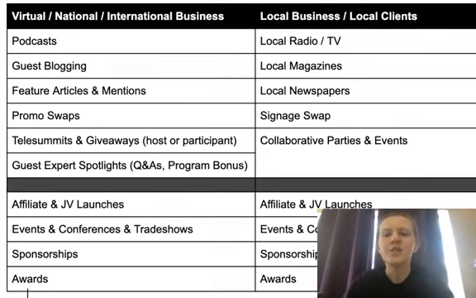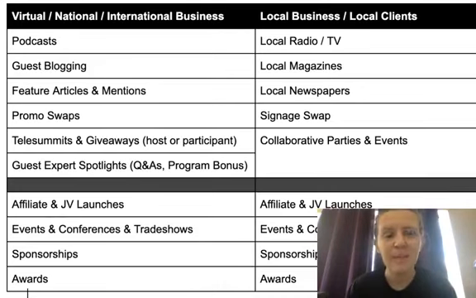Okay, perfect. So up here on my screen, you'll see a little image that I created with a chart that outlines a variety of different piggyback traffic options and what the version of that would be for local businesses versus virtual, national, international businesses.